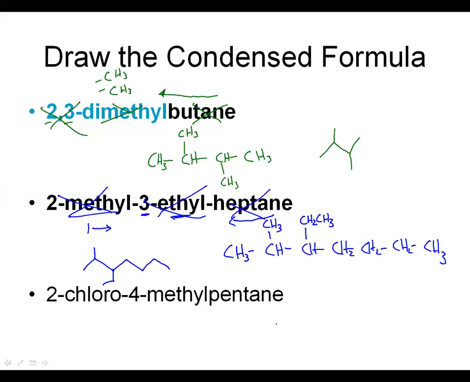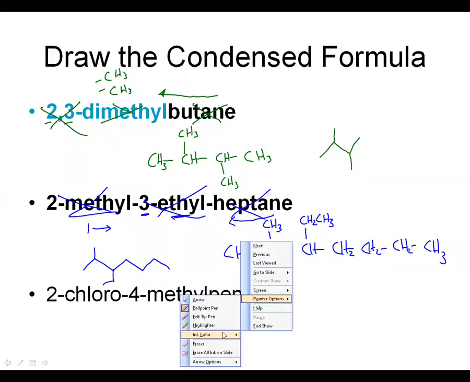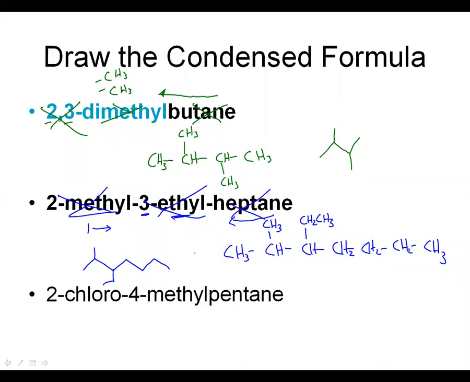So now, let's see here. Working backwards on our last one, which is pentane. So that's going to give us 5 carbons there. Takes care of that. Again, I'm going left to right. So my number 1 carbon is going to be on the left. So at number 4, I need to put a methyl group.